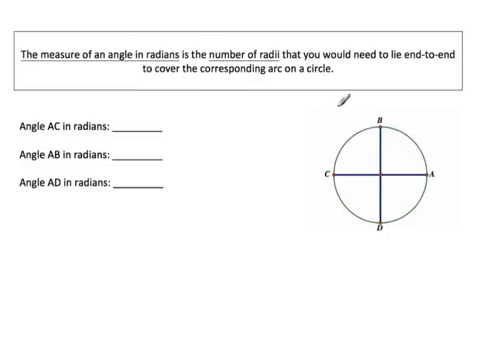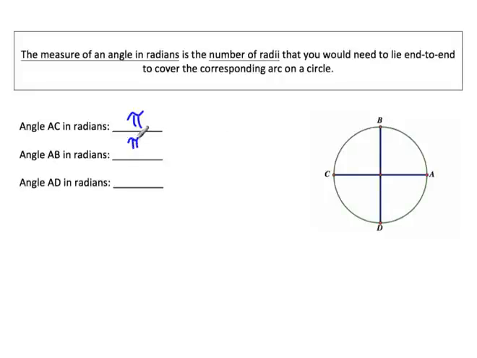To put that into more concrete terms, angle AC in radians is pi radians, because we said that it's going to take pi strings the same length as the radius to get from A to C. This is exactly the same answer as we just saw. Angle AB is going to take pi over 2 strings the same length as the radius to cover that distance.